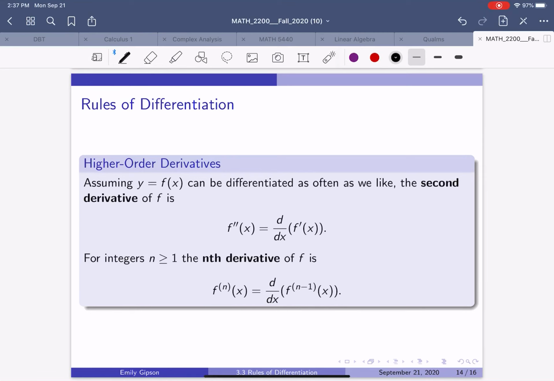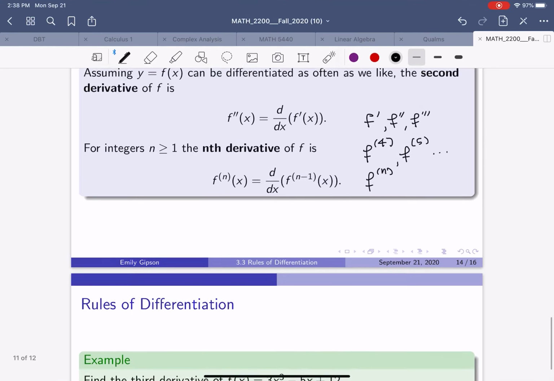I could take f prime, f double prime, and even f triple prime. But after that, it gets a bit cumbersome to write. So we write f to the power of 4 in parentheses, and we do that on and on, which is how we get f to the power of n in parentheses. That means we've taken n many derivatives, and that's simply equal to d dx of the f to the n minus 1 derivative.